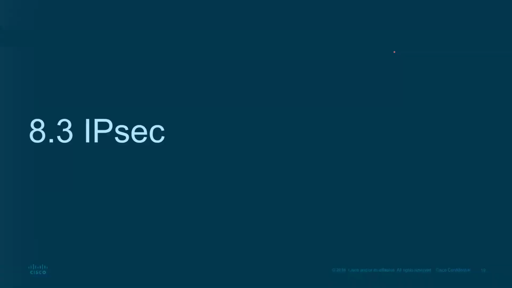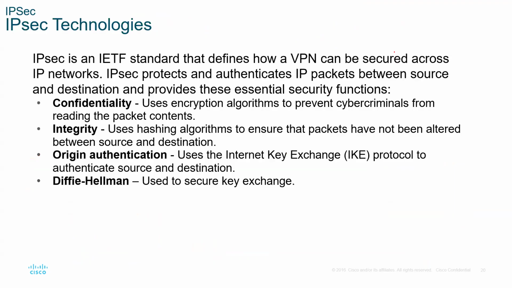Right, to end up, IPsec. I think we've discussed IPsec already. It is a standard that defines how a VPN can be secured. IPsec secures packets between source and destination and provides essential security functions. IPsec defines four fundamental security services.